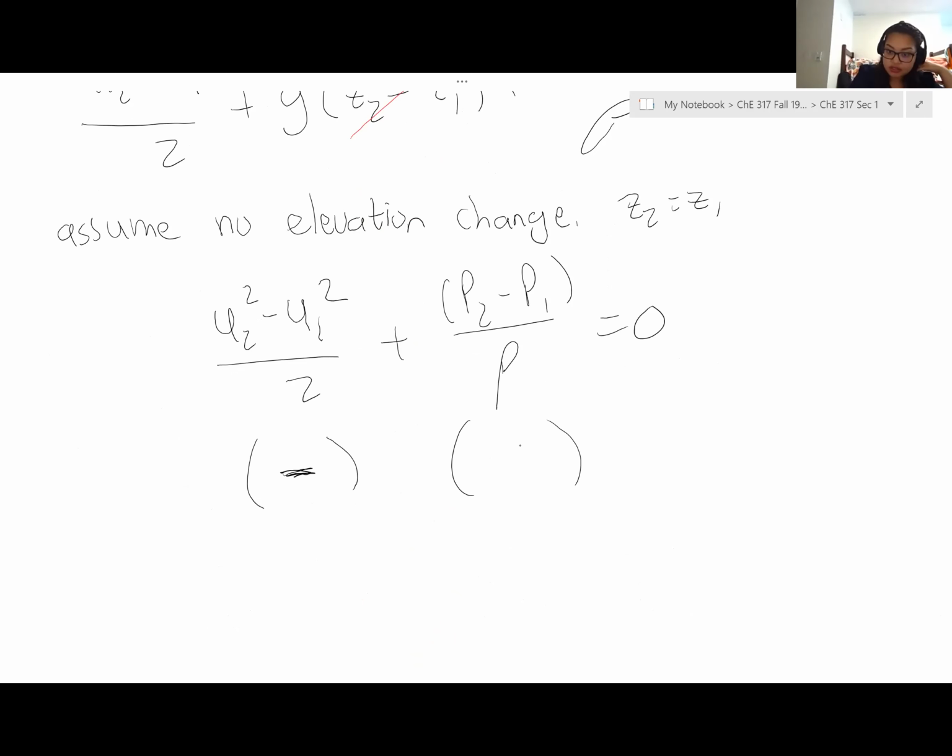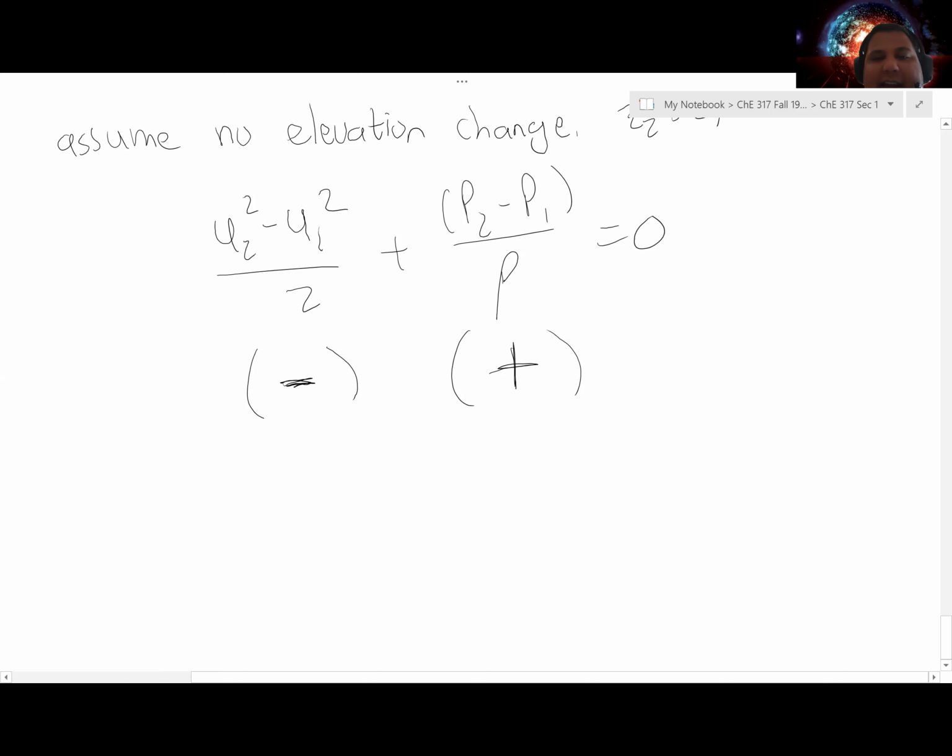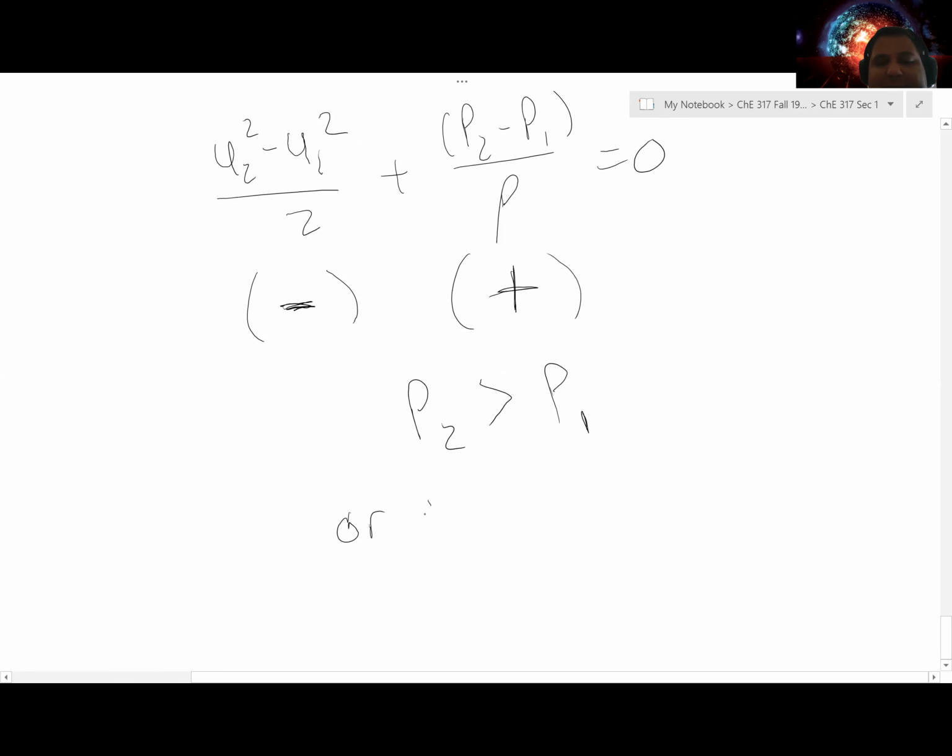It has to be positive. So if the second term is positive, what does that tell us about P2 in relation to P1? It should be greater than P1. So P2 is going to be greater than P1, or the pressure energy will increase.